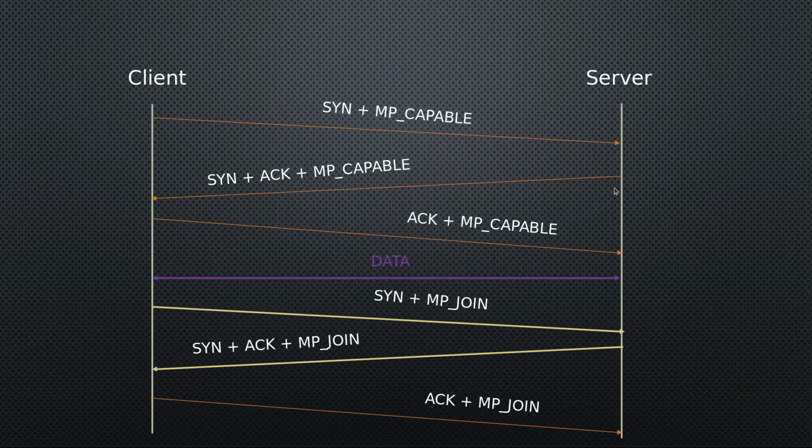It means, hey server, I want to add a new subflow. I want to add a new path, for example LTE or 5G or something else. The server says, okay, SYNACK MP_JOIN. Let's have it. And the client sends the ACK. So in this way, the connection between client and server by using two subflows can happen.